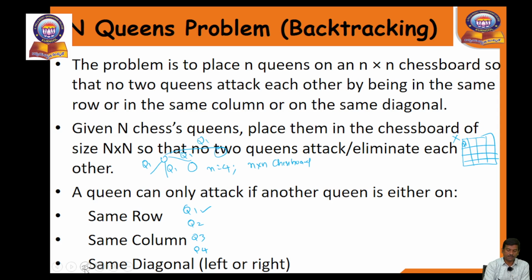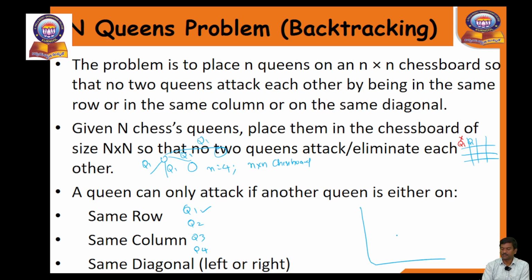When you place queen 1 in this position, it cannot lead to the solution. So now you are backtracking and checking whether queen 1 can be placed in the first row, second column. We shall find out.